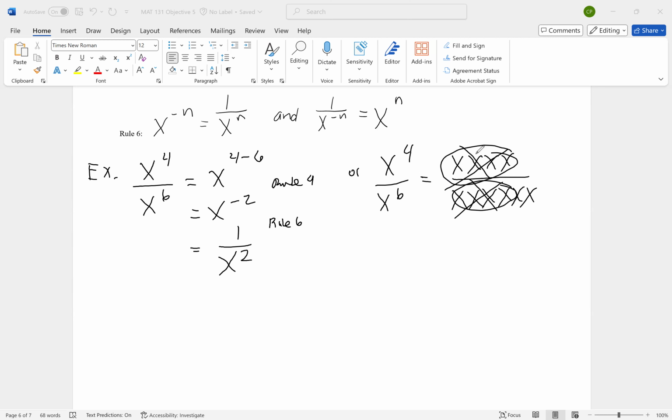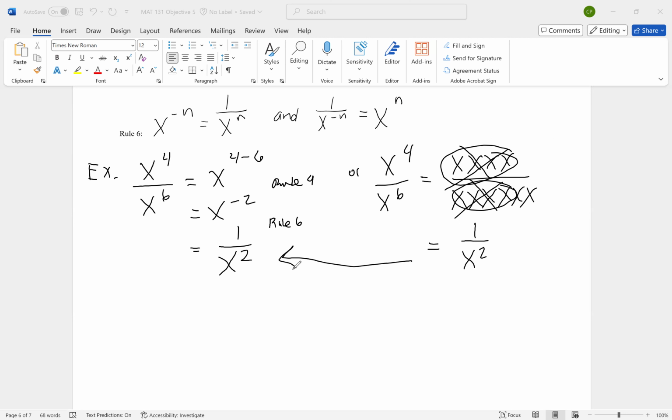What's left? In the numerator, it looks like we don't have anything, but the only thing that's up there is 1. And in the bottom, we have 2 x's. So logically, we were able to see and understand why this is the answer.